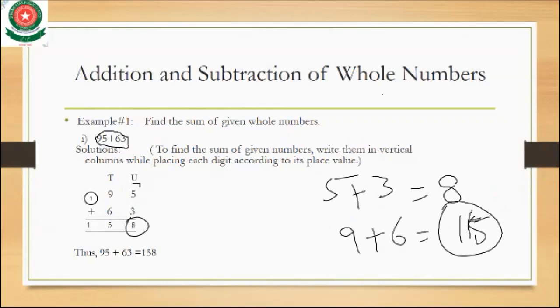The most right side digit is 5, so 5 will come here, and the 1 goes as a carry. There is no value under the carry, so the carry comes down the same. 1 is the carry, so 1 will come here.